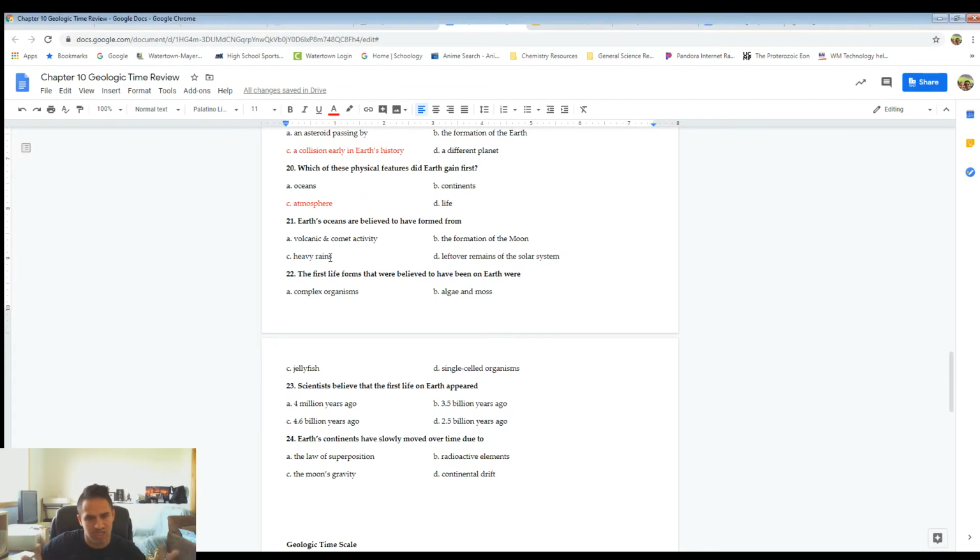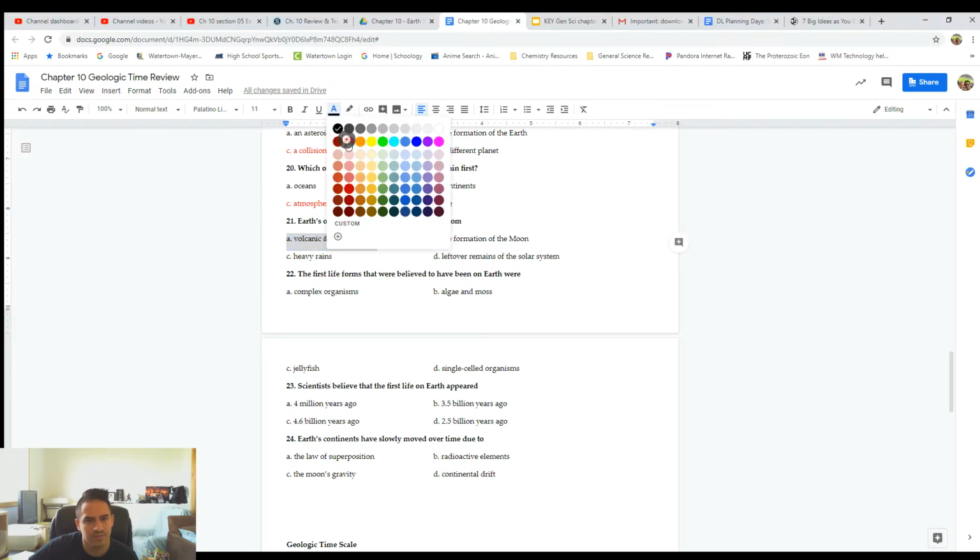We think most of the water vapor was inside the Earth and got released through volcanic eruptions as water vapor, because the Earth was too hot for it to be liquid at the time. Comets also leave water as they hit the Earth, because comets are primarily made of ice. Then that water vapor in the air condensed when the Earth cooled, and it rained. So we can go with A or C here, both of which are kind of correct.